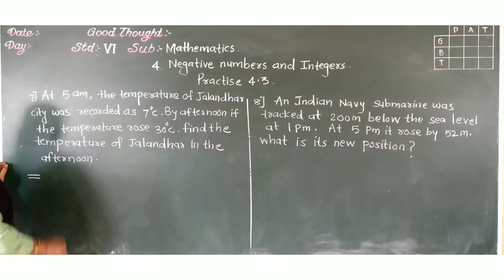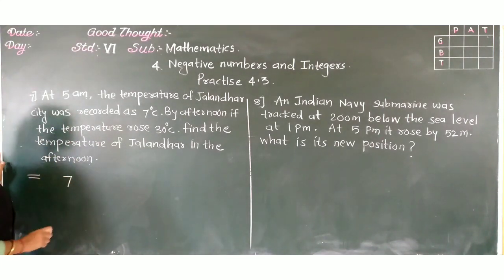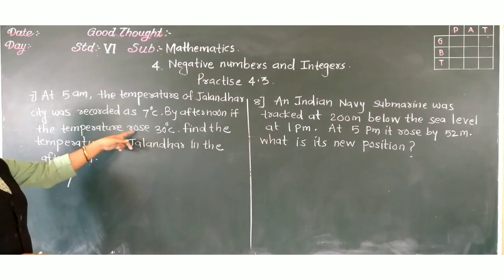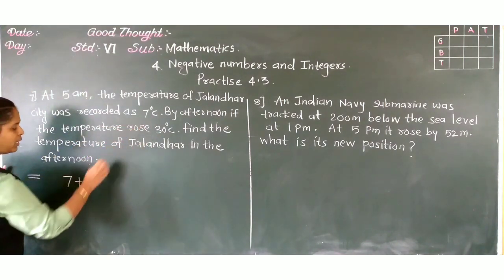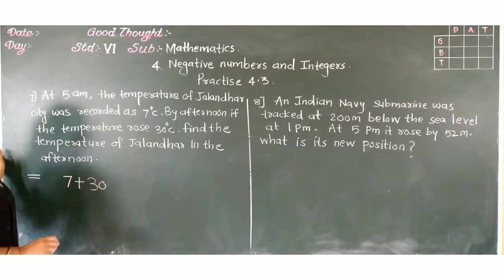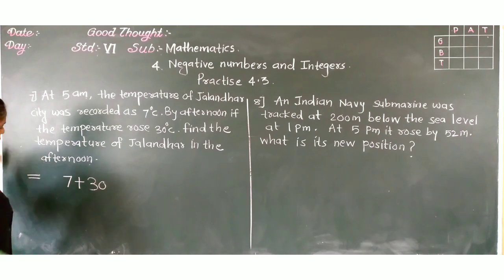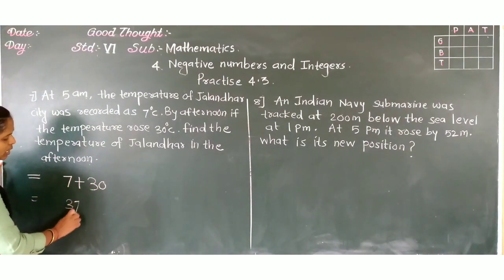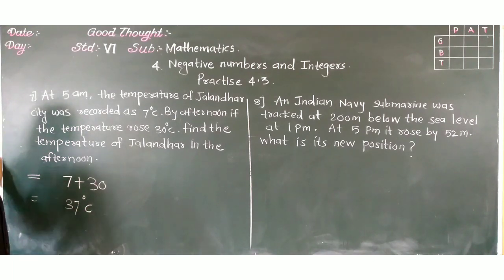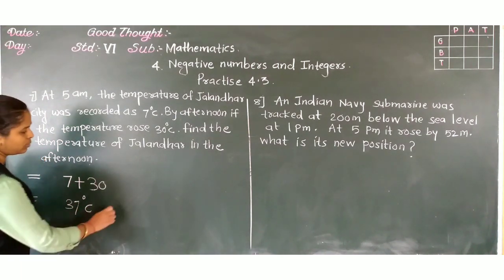So in the morning it was 7 degrees and in the afternoon it rose, that is, added 30 degrees. Both have positive signs and we have to do addition. So 30 plus 7 is 37 degrees Celsius.